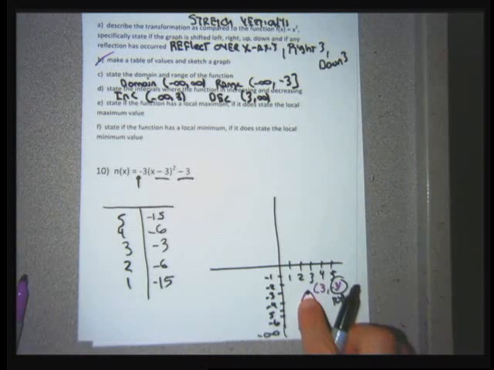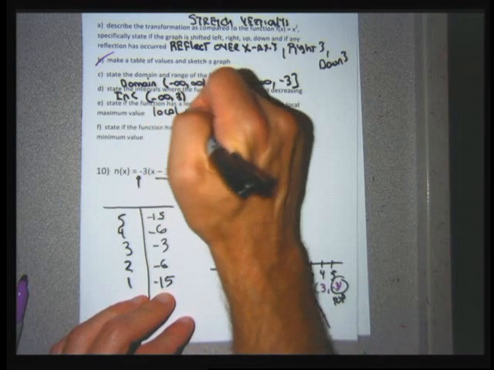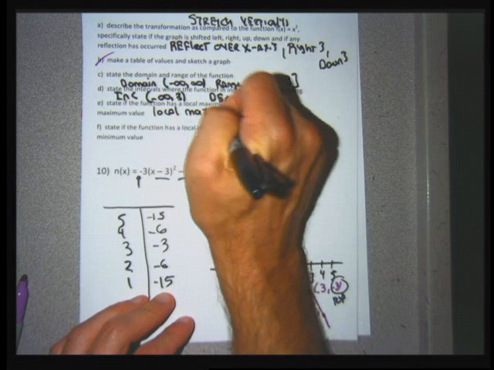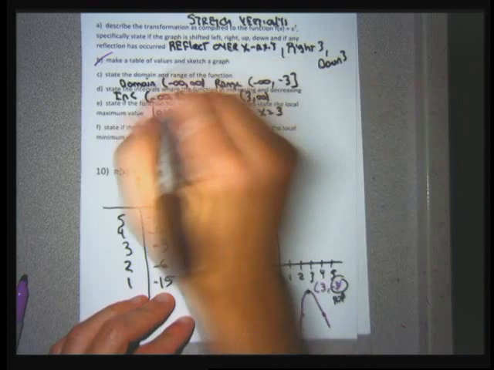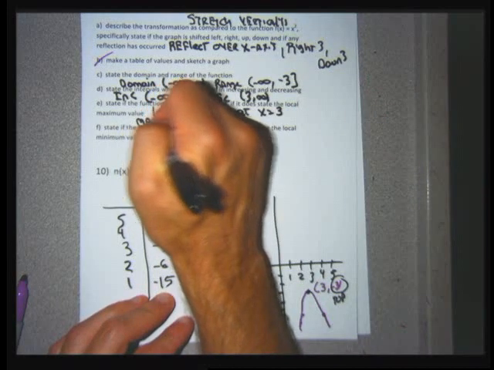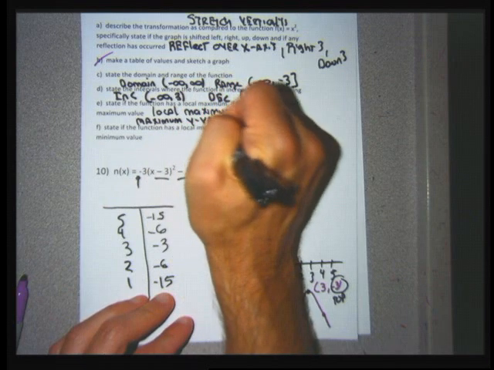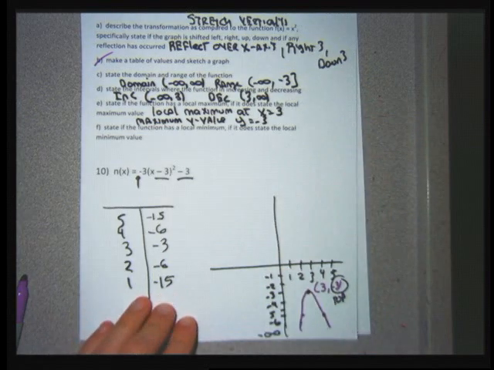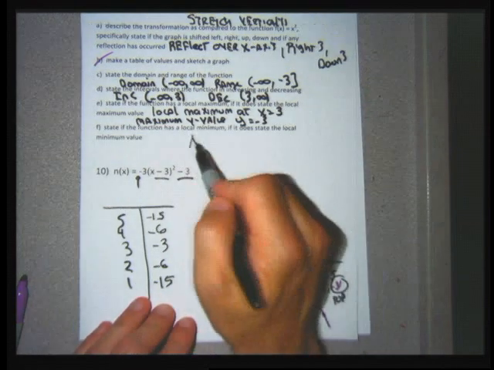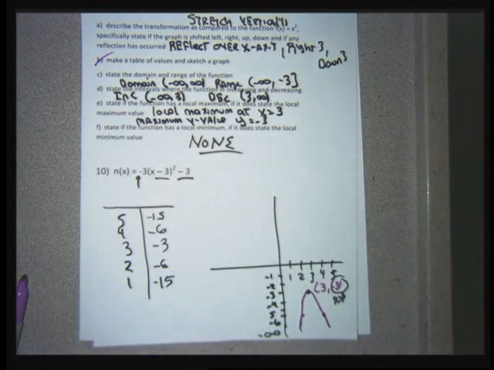The vertex is a maximum, so we'll say it has a local maximum at x equal to 3, and we'll say the maximum y value is y equal to negative 3. And then for the local minimum, because this graph only has a high spot, it doesn't have a low spot, it doesn't have a local minimum. So there's nothing to do for that part of 10.